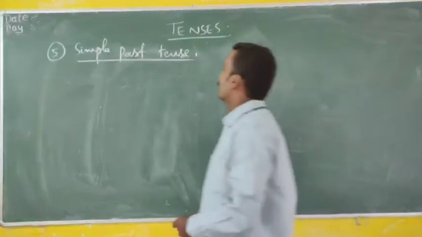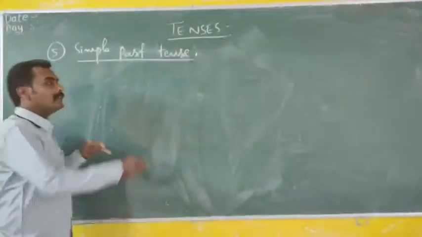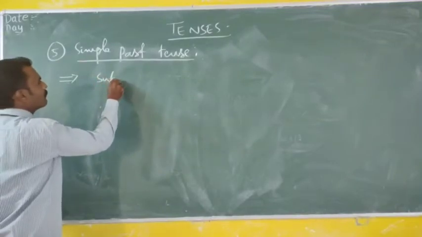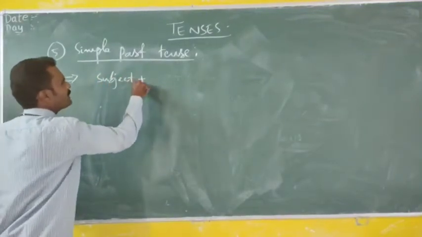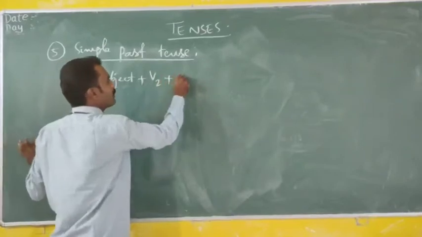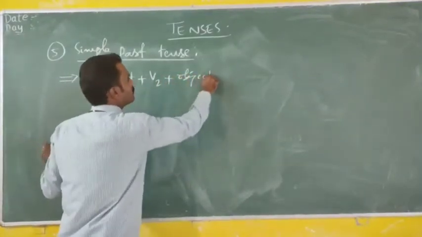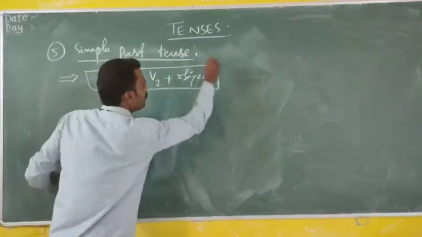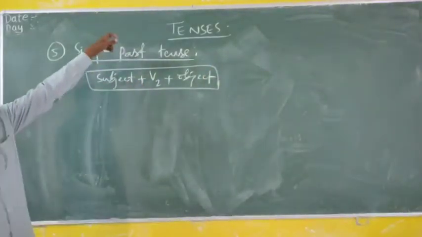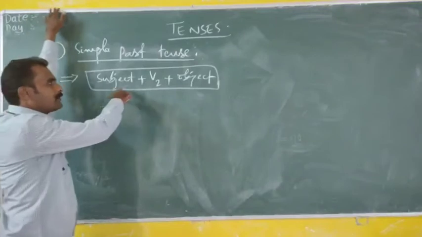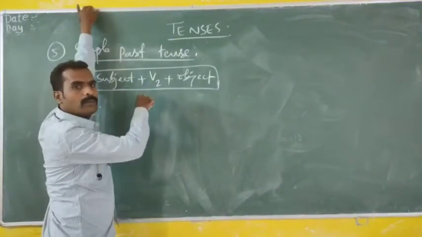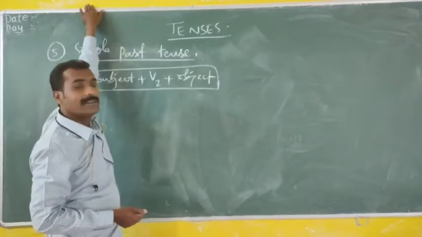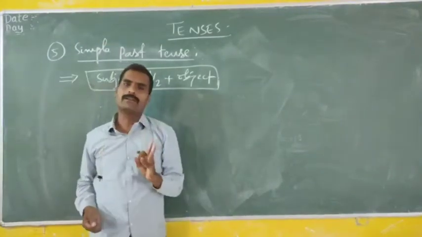We can make the simple past tense with the structure of subject plus V2 plus object. V2 means verb 2, the second form of the verb. For example, ring, rang, rung.